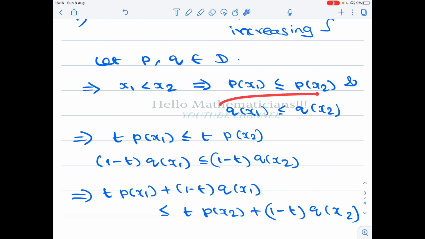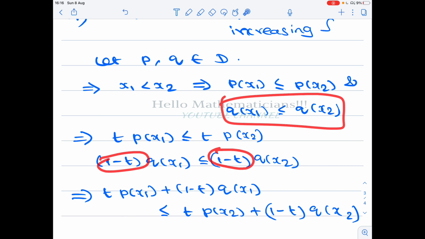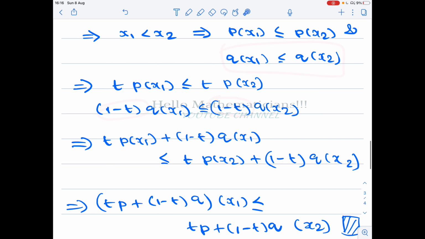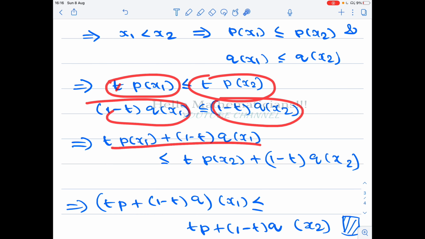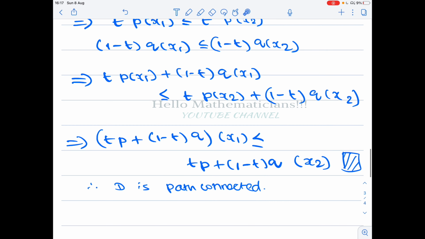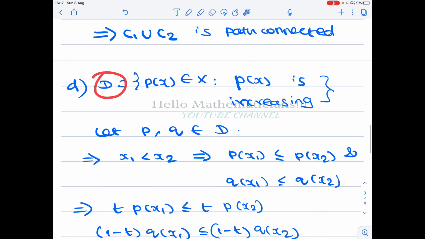Again, we can multiply both sides by 1 minus t because 1 minus t is non-negative. We can add the inequalities, there is no problem. You are adding a smaller number with a smaller number and a bigger number with a bigger number, so the inequality is preserved. This precisely means that (tp plus (1 minus t)q)(x1) ≤ (tp plus (1 minus t)q)(x2). Therefore, if p and q are increasing, their linear combination tp plus (1 minus t)q is also increasing. Therefore, this set is path connected.